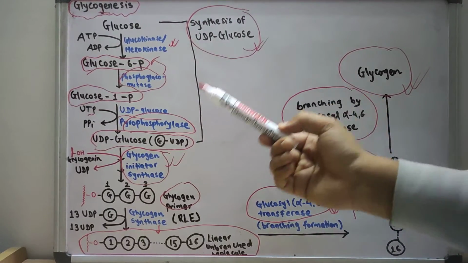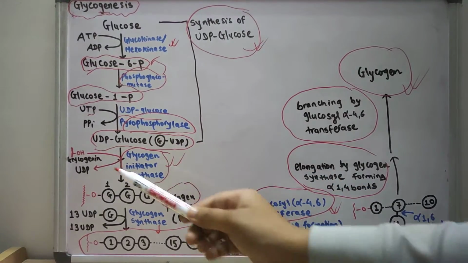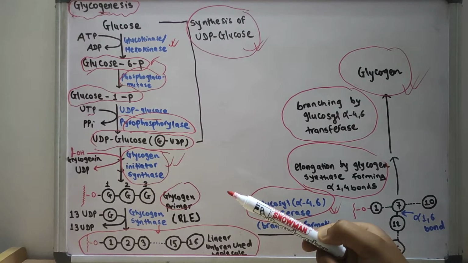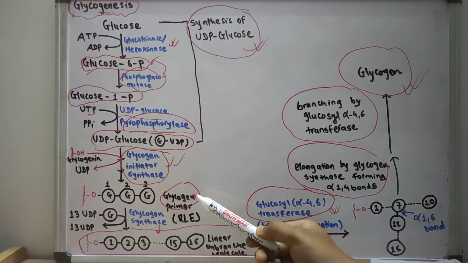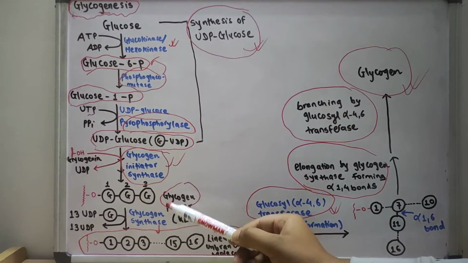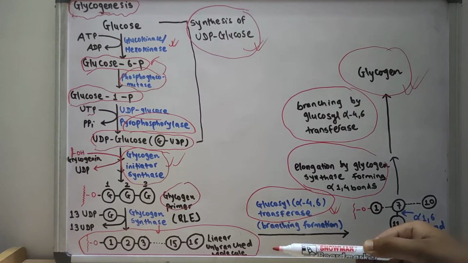From glucose 1-phosphate, UDP glucose is formed with the help of the enzyme UDP glucose pyrophosphorylase. And we need the glycogenin molecule and glycogen initiator synthase enzyme to form the first molecule of the glycogen primer. When the glycogen primer is formed, the glycogen synthase automatically forms the linear molecule of glycogen.